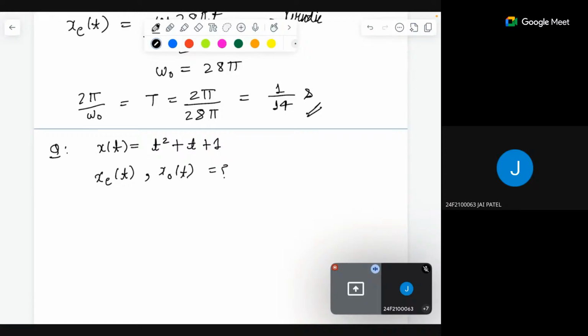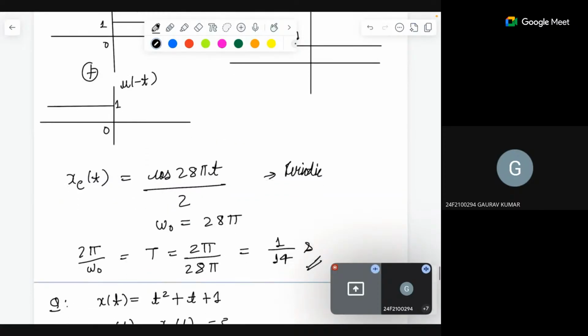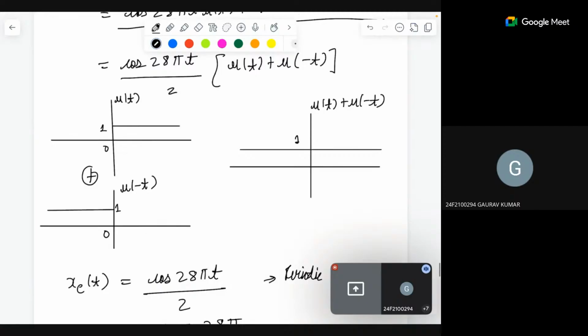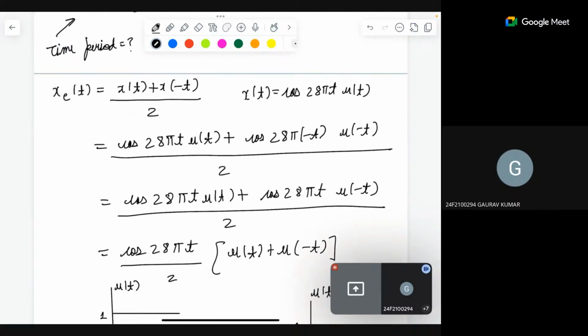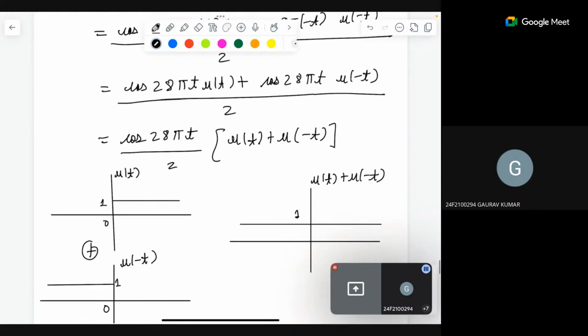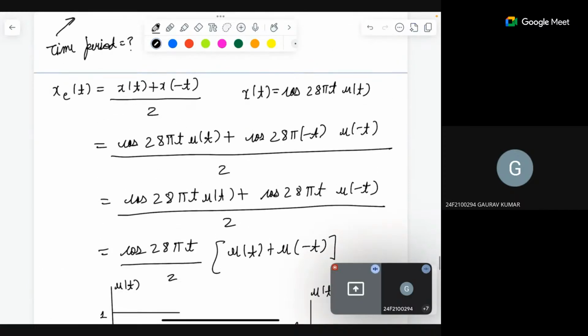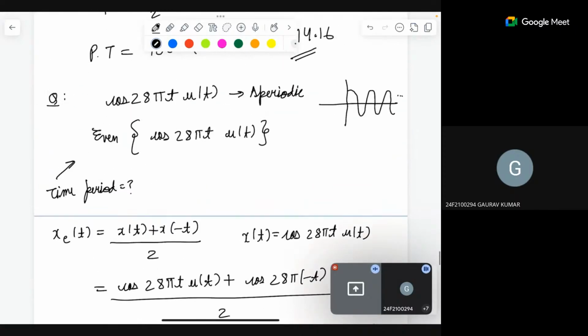Who had a doubt? Ma'am, I have a doubt in the last question. Yes, tell me. Ma'am, one thing I am unable to understand in the last question, cos of 28 pi t and u of t. How is the signal defined here, ma'am?